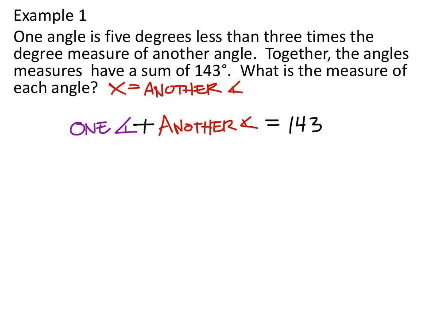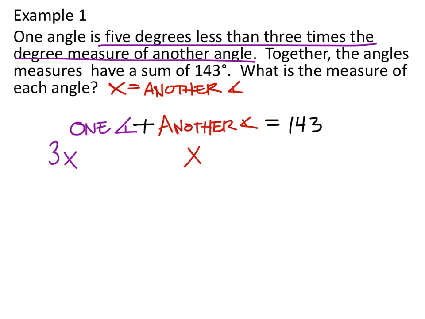Now we've already defined another angle as x, but what about the one angle? It says that it is 5 degrees less than 3 times the degree measure of another angle. So in relationship to the other angle, it's 3 times that, but then it says it's 5 degrees less than that.